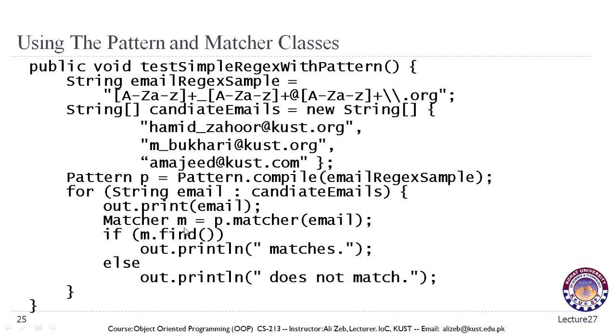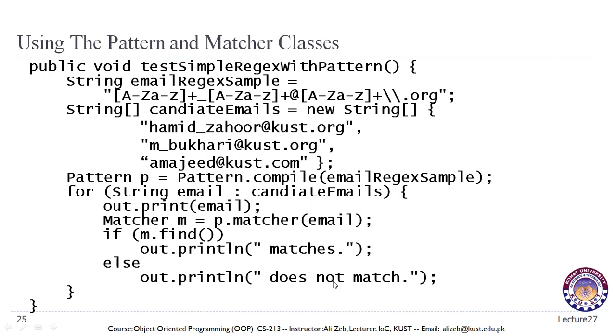The object of the Matcher class then runs the find method and looks for all of the matching patterns, and the matching emails will be printed, and those that do not match will not be printed.